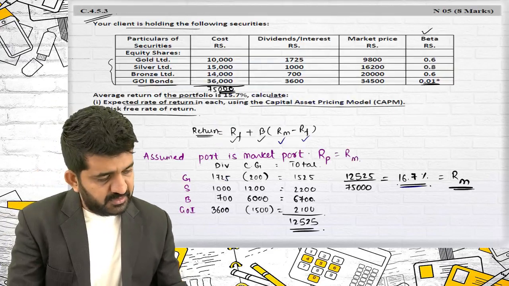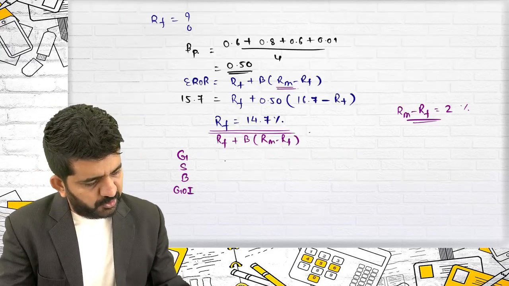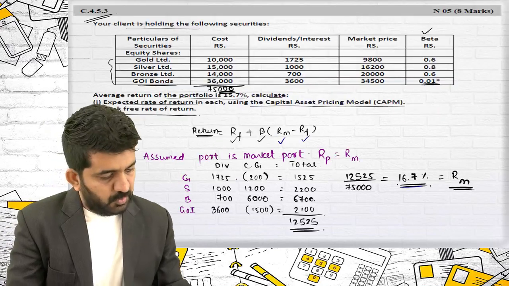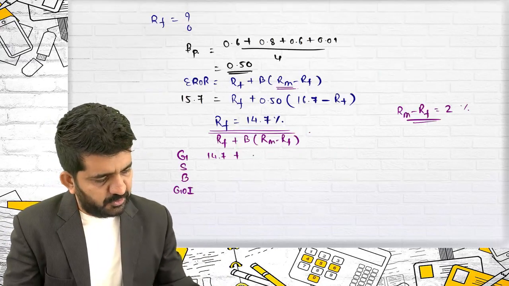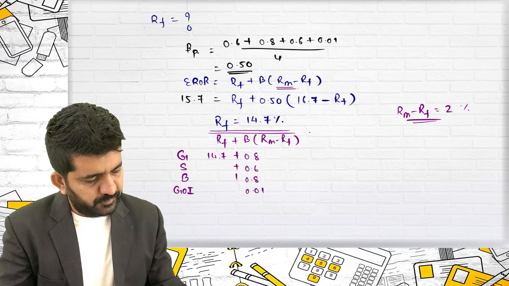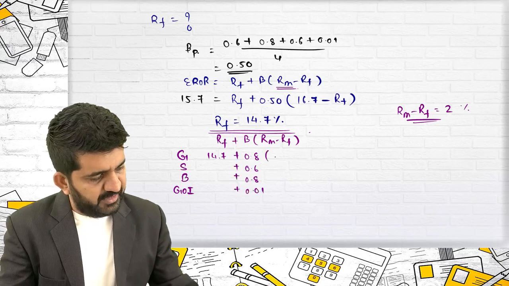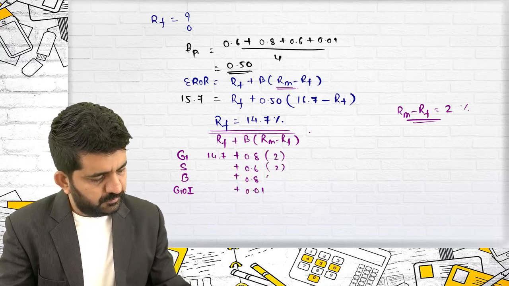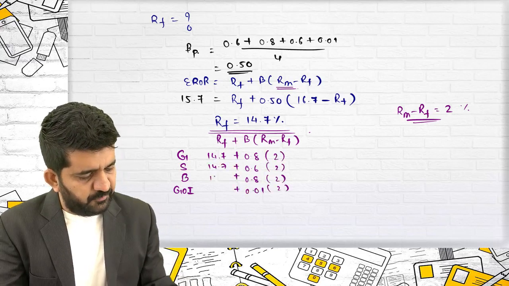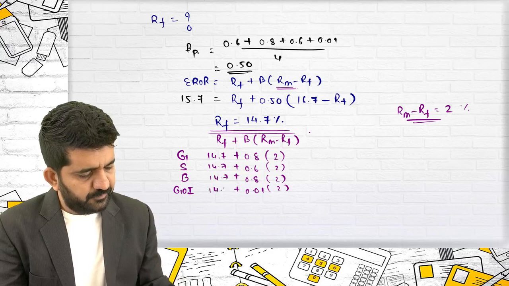RF is 14.7%, which we have found, plus whatever the beta is, 0.6, 0.8. We also know RM minus RF is 2. And this 14.7 remains the same for each case because it is RF.